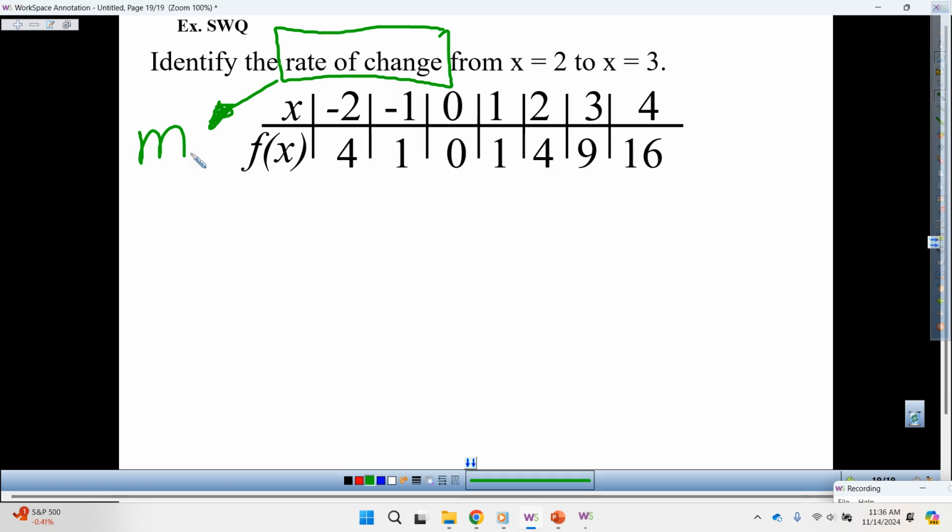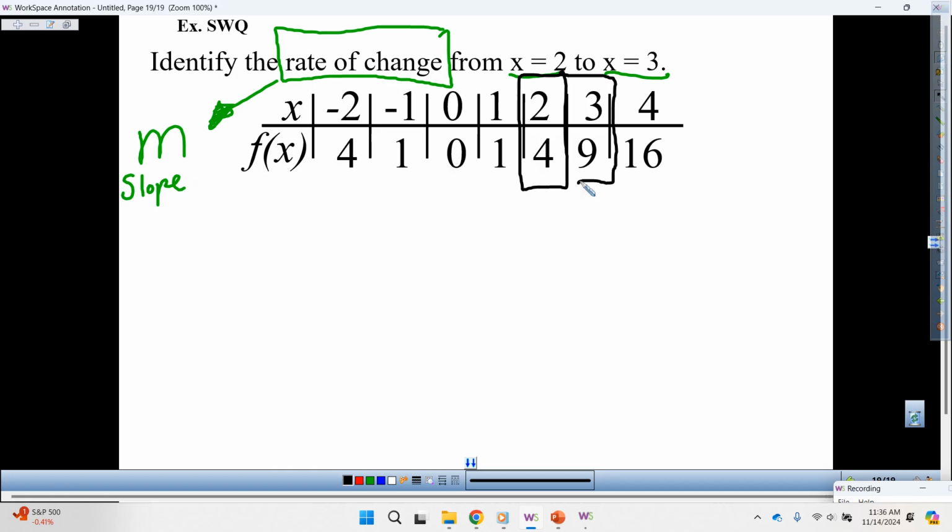M stands for Mario. No. Slope. My goodness. Slope. All right? So, they're asking us to find the slope between what x values? From 2 to what? To 3. So, check this out. Right away when you see that, I want you to go there from 2 to 3.